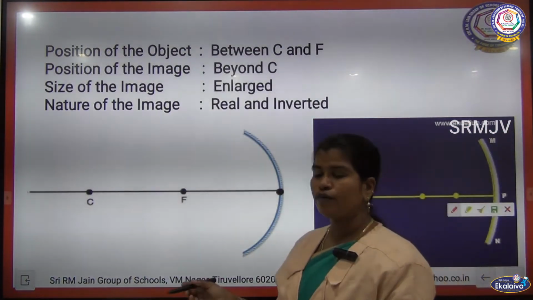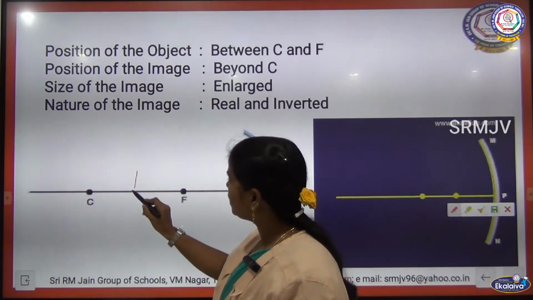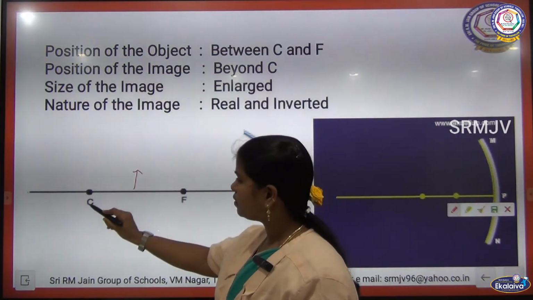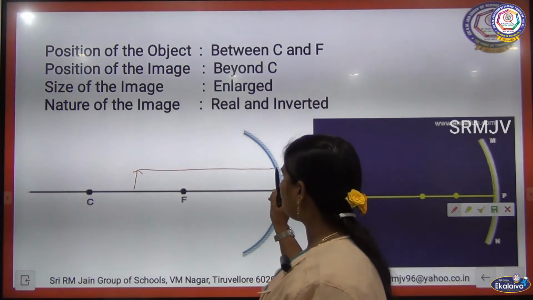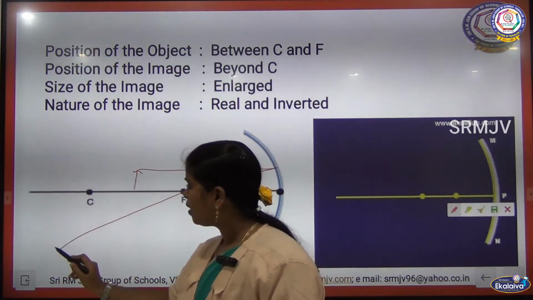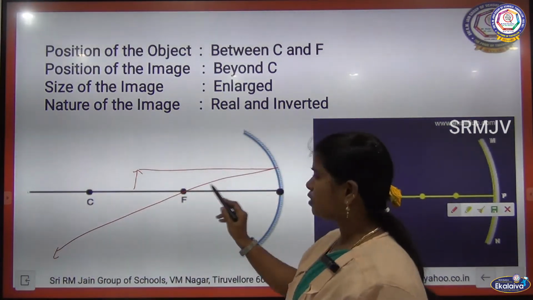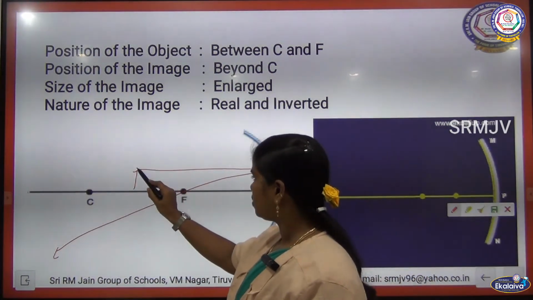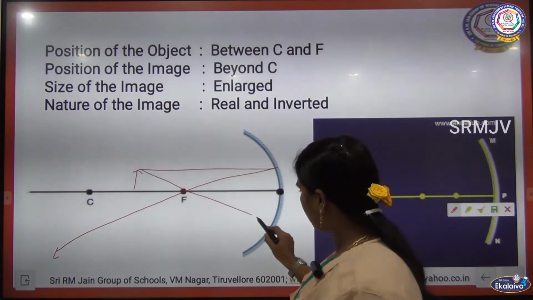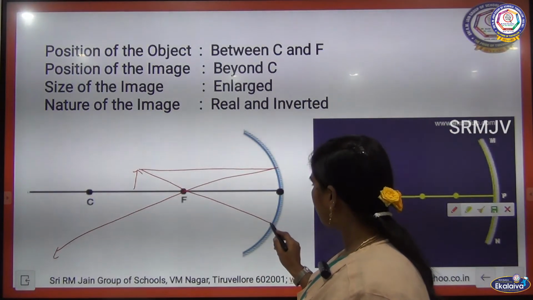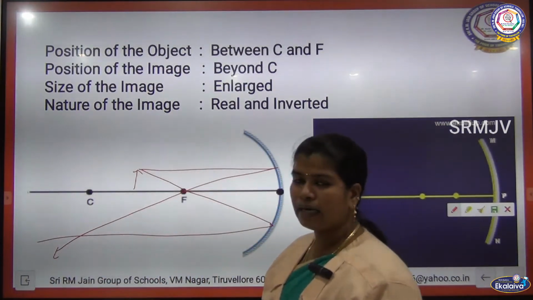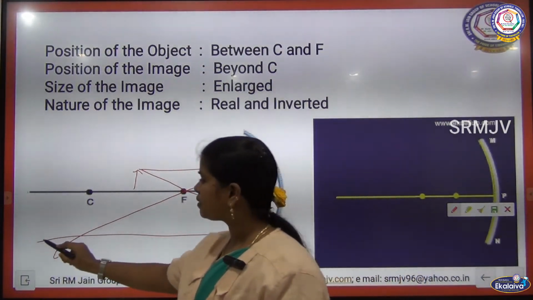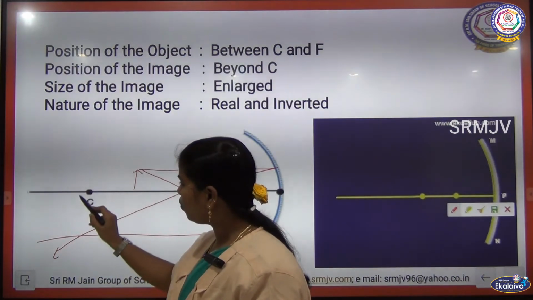Now the position of the object is between C and F. Rule 1: a ray parallel to the principal axis, after reflection, passes through the focus, and the ray which passes through the focus, after reflection, will emerge parallel to the principal axis. So these two meet over here.